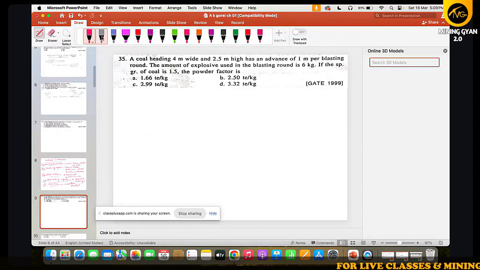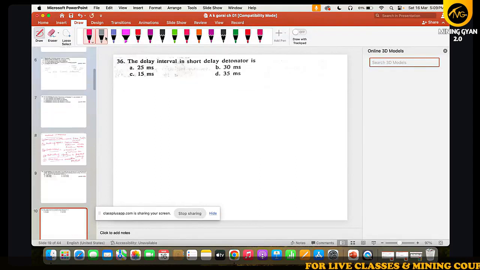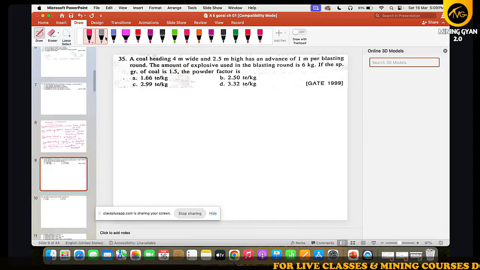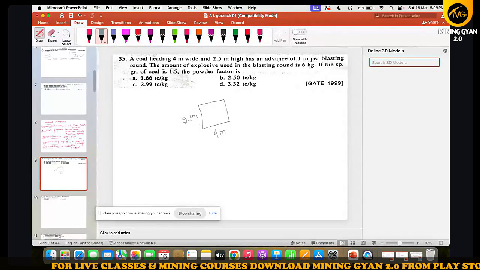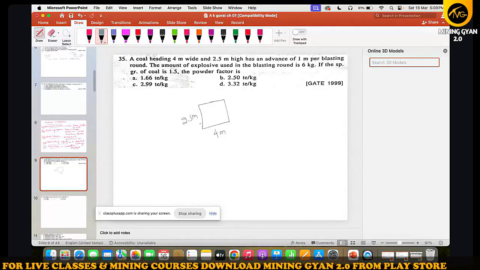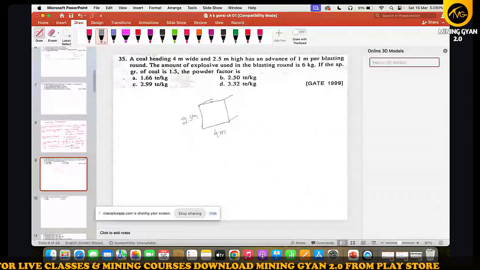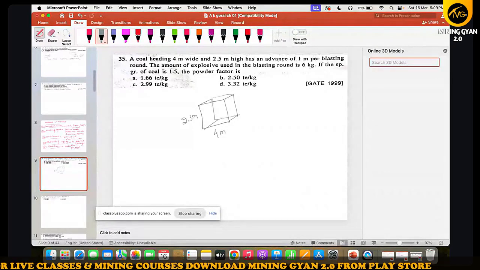Okay, so suppose that you have a heading in the base which is 4 meter width, height of the coal face is 2.5 meter, and the advance means you go heading, it will cut your face.